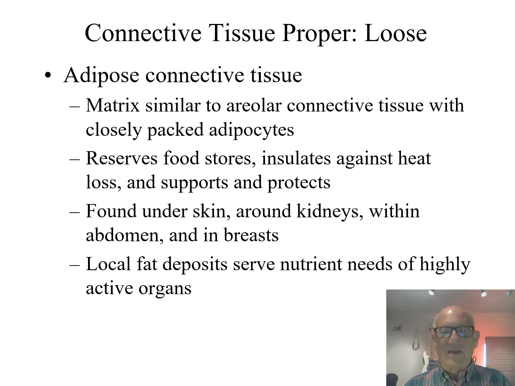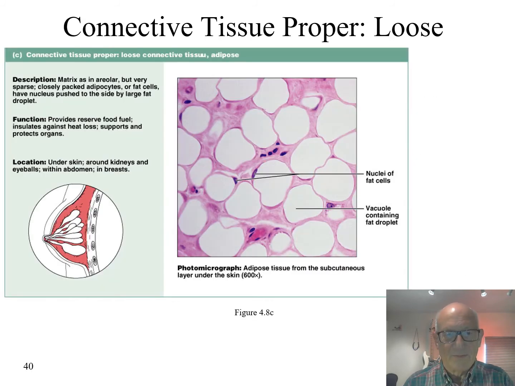They insulate against heat loss and support and protect the surrounding tissues. They're found under the skin, around the kidneys, within the abdomen, and in the breasts. Local fat deposits serve nutrient needs of highly active organs. So organs can draw upon the energy stored in fat deposits.